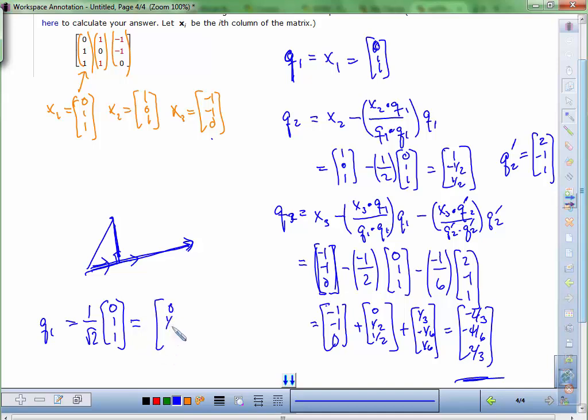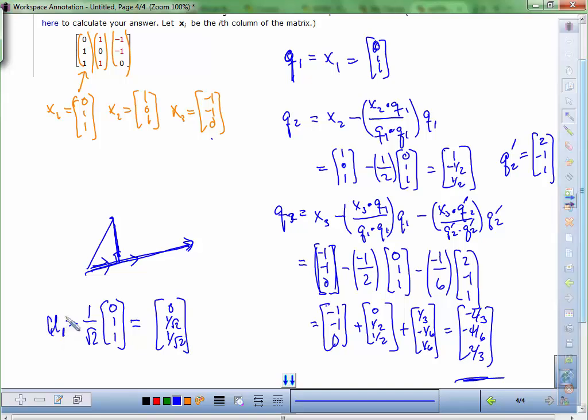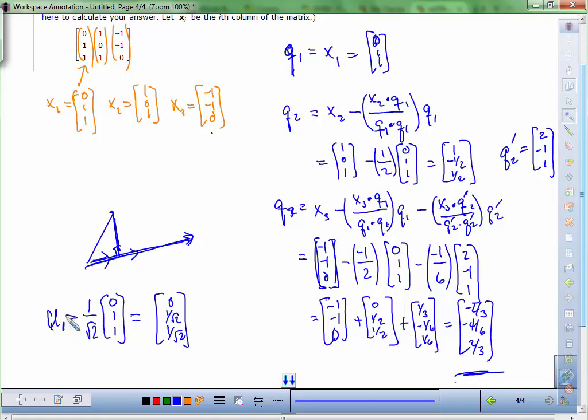Zero, 1 over root 2, 1 over root 2. So that's the normalized Q1. I shouldn't call it Q1. I'm going to call it U. Really, I should erase all these Q's and call it something else. All right, so that's how you would normalize it.